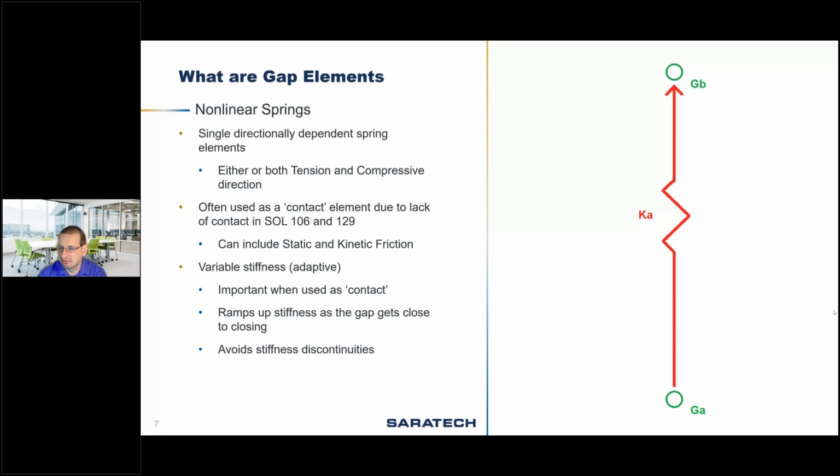And this spring can function in either the negative x direction, assuming that we consider this spring along the x-axis, or it can function in the positive x-axis. So no matter which way, in this particular example, if we're using it in the form of contact with the gap, no matter the path GB follows, once it closes that x direction, stiffness will then be applied and we'll have that contact behavior that we're looking for.